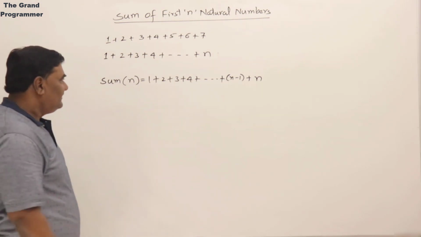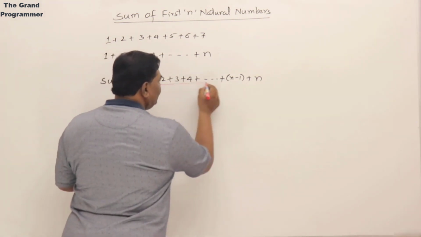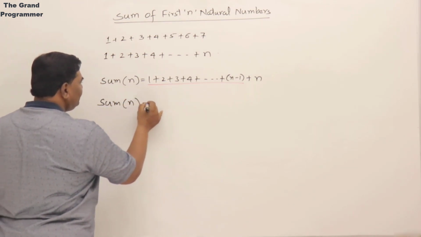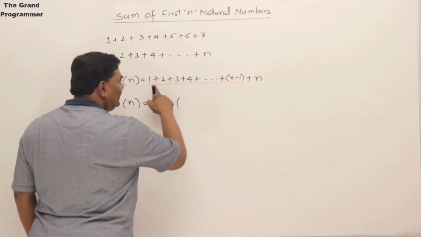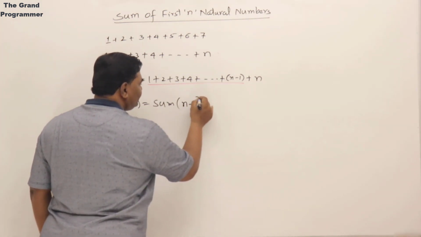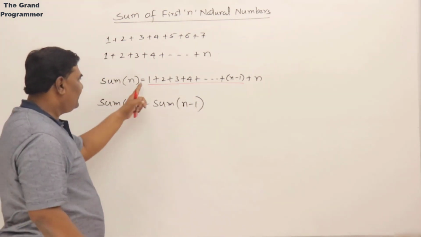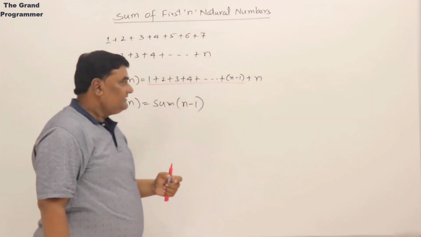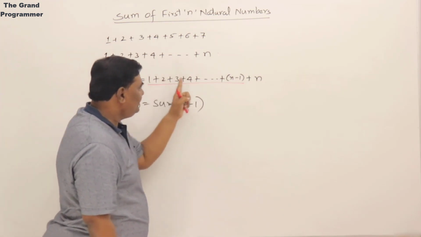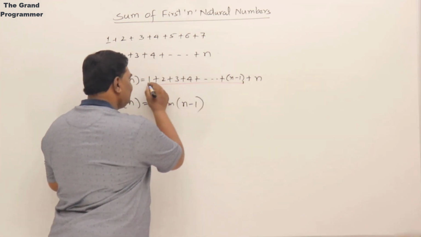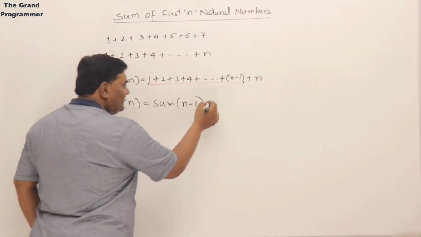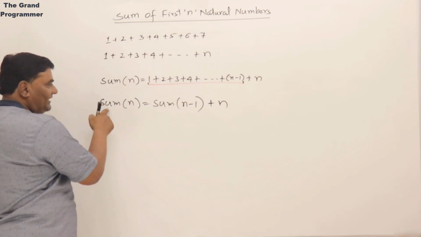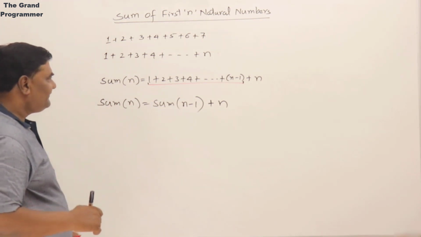If I take the summation till here, this is nothing but the sum of n minus 1 terms. n terms means 1 to n, then n minus 1 terms will be from 1 to n minus 1, that is till this point. What is remaining is plus n. If I add n to that, it gives me up to n. So this became a recursive definition.